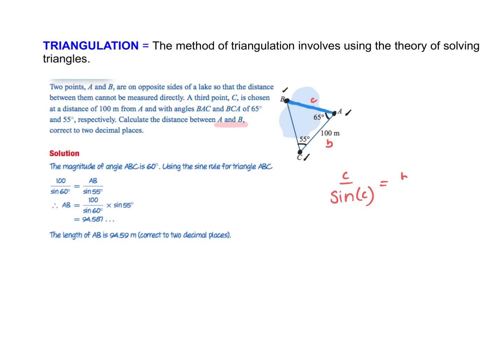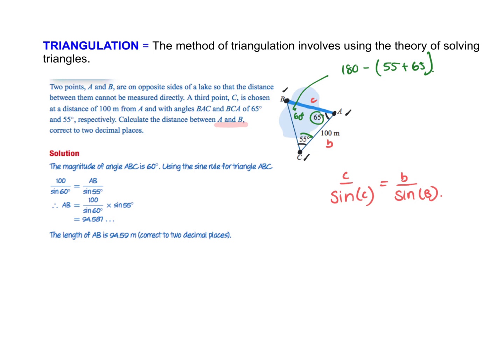Now I've been given b, so I'm probably going to be using that too. But I don't have B's angle. That can be found out because we know this is 55, this is 65. This one would have to be 180 minus those two added together. So we end up with 60, and that's how they get that.